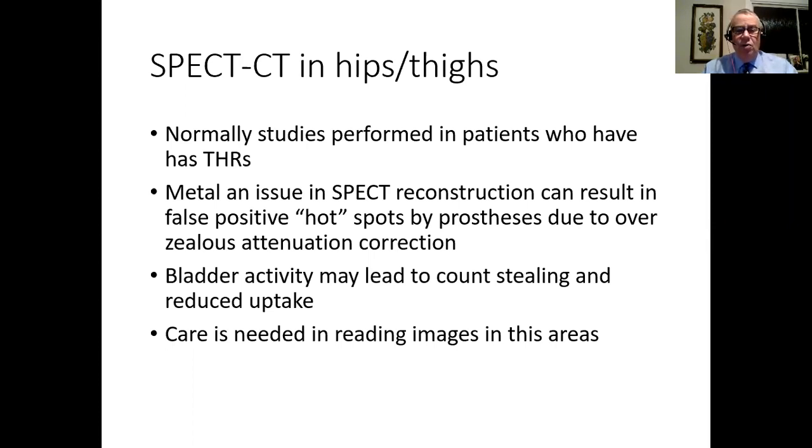Now, we quite often get asked to do a bone scan in a patient who's got a painful THR. Now, when we're doing SPECT-CT, then the metal becomes a bit of an issue. It can affect SPECT reconstruction. So you need to look at how that's been done.